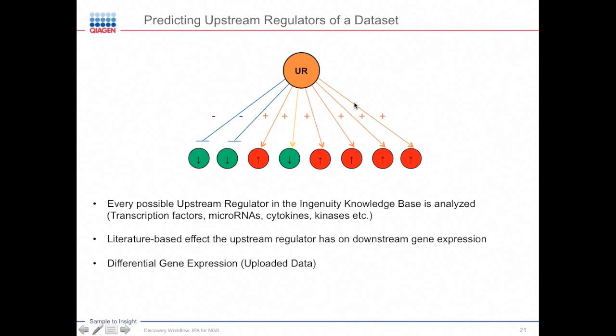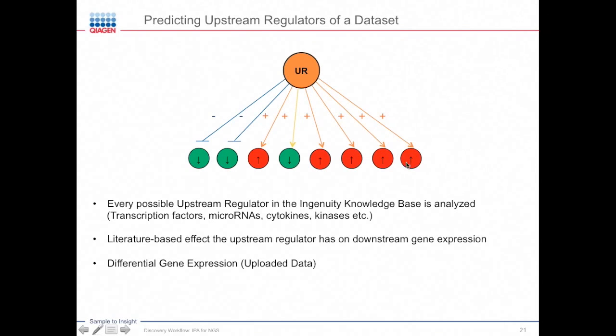And so we have an expectation. In this case, this generic upstream regulator is supposed to turn on the expression of these ones, and it's supposed to turn off or inhibit the expression of these 2 molecules. These are meant to represent the molecules in your data set. From the literature, we have a certain expectation as to what they should do if this were activated.